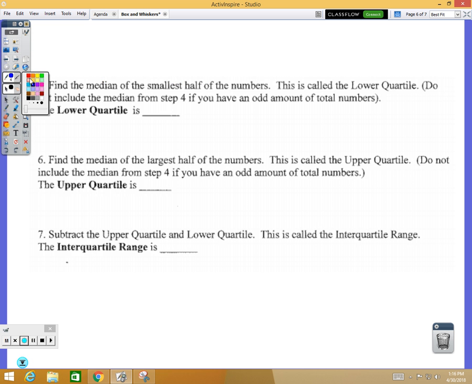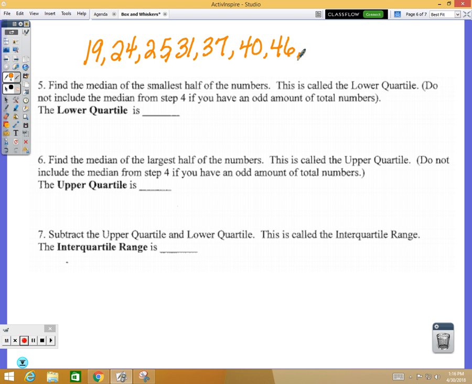On the next slide, we're going to do the next steps. I'm going to rewrite my numbers so that we can be looking at them up here. We said the 31 and the 37 were in the middle. Now we're going to find the median of the smallest half of the numbers. That includes the 31.